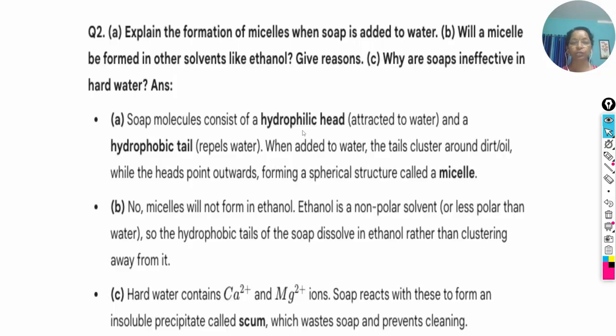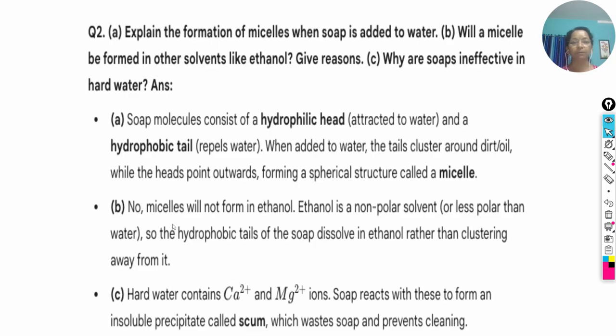Soap molecules consist of a hydrophilic head attracted towards water and a hydrophobic tail that repels water. When added to water, the tails cluster around dirt or oil while the heads point outwards, forming a spherical structure called a micelle. So that is how micelles are formed.